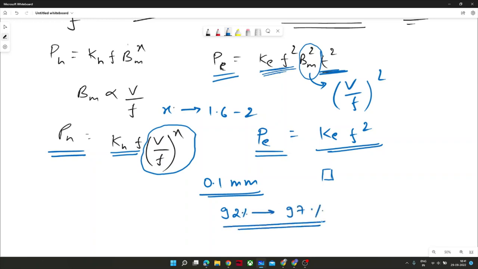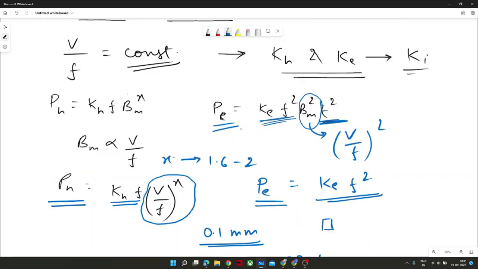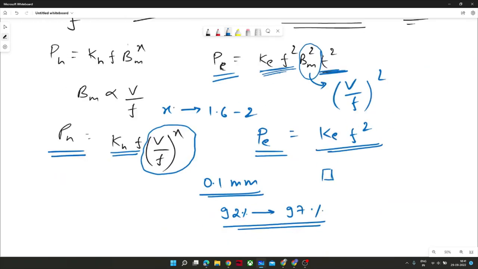So 5% efficiency in terms of hundreds of kilowatt is significant. That is the kind of help smaller laminations do in electrical machines. I just wanted to quantify this concept. So it is very crucial in machines, these eddy losses and hysteresis losses.